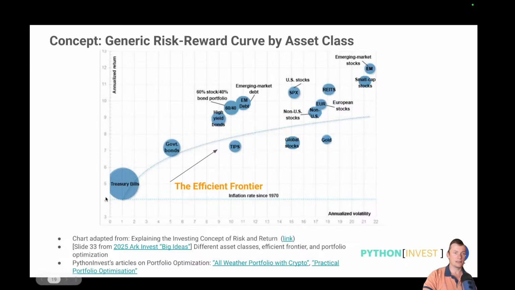It can be 4% or it can be 12%. And these classes have annualized volatility. It's a deviation of a return, or the risk that you can get when you buy this class. So it can be 0% or it can be 22%.